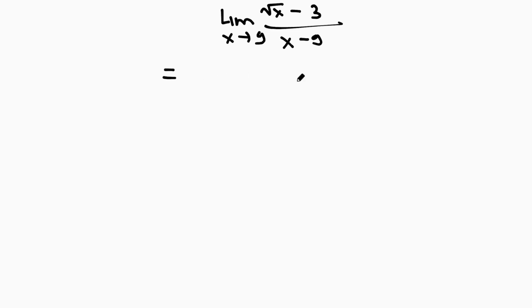Okay, so this is the first example. Limit of square root of x minus 3 over x minus 9 when x approaches 9. So I find that the square root of x is in the numerator, and so I'll have to times both my numerator and my denominator with this one's conjugate.